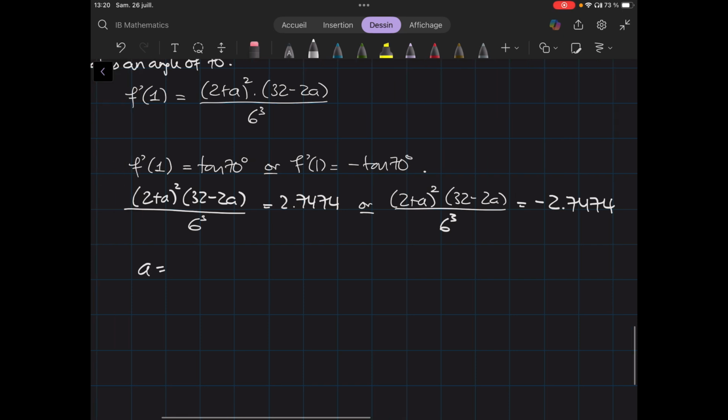And from there, we can find the values of a. So this is the perfect time for you to use your calculator.